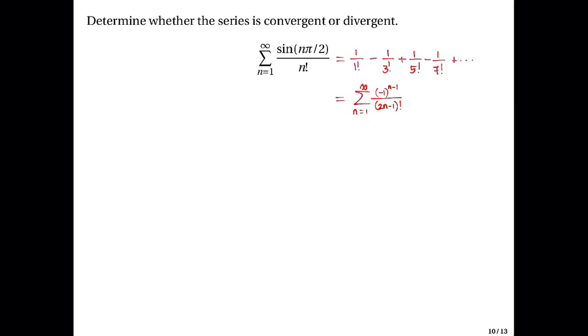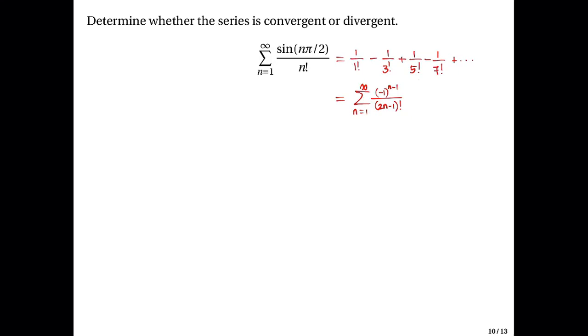Correct? So when n equals 1, you have 2 minus 1, that's 1. So 1 factorial. When n equals 2, you have 2 times 2, that's 4, minus 1, that's 3. 3 factorial. When n equals 3, 3 times 2, that's 6, minus 1, that's 5. So 5 factorial, etc. So this guy here, you can transform it into an alternating series. Kailangan mo lang i-analyze. Okay?